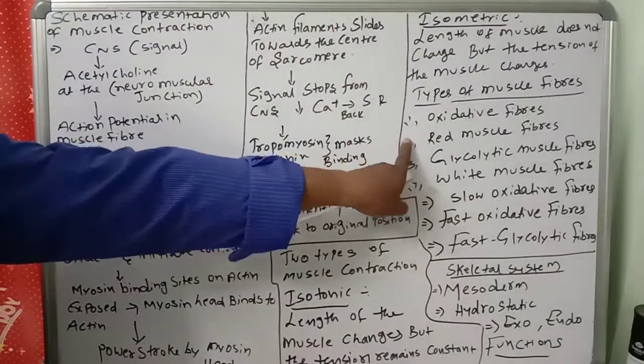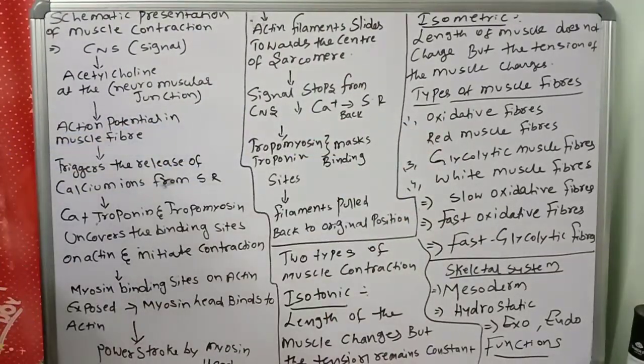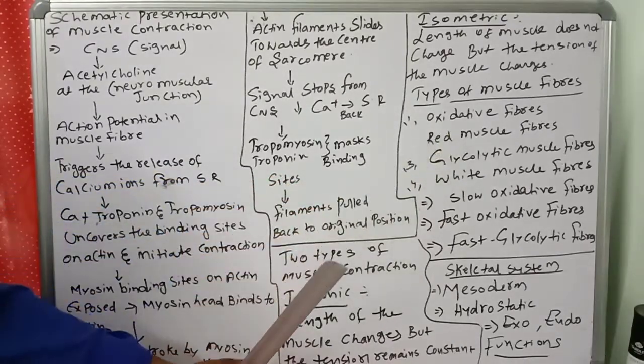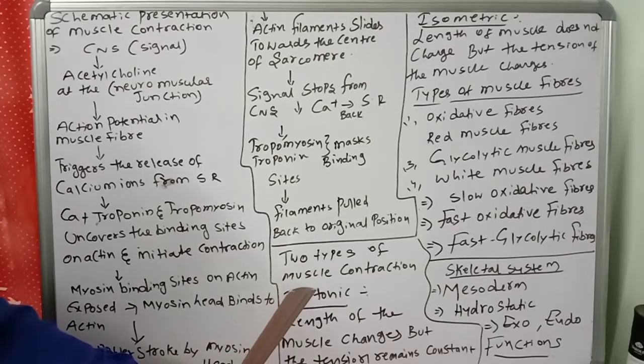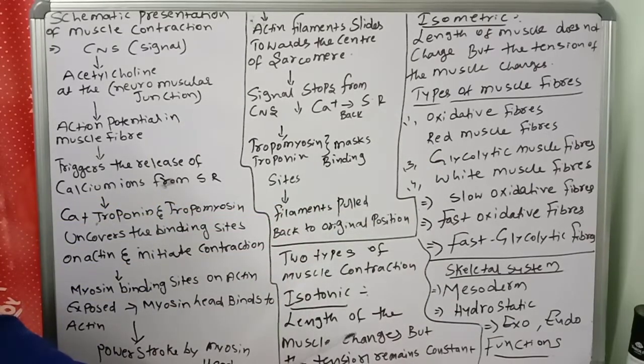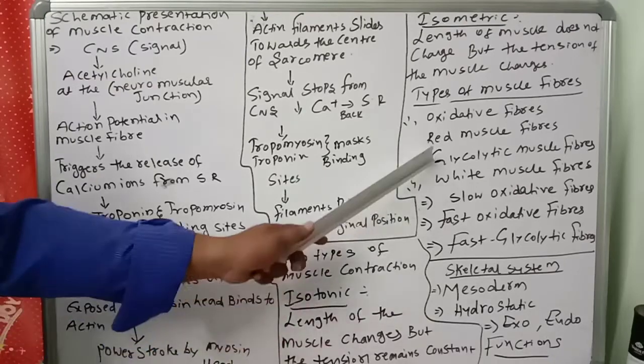Oxidative muscle fibers are also called red muscle fibers. Next, there are fibers that contain few mitochondria but possess a high concentration of glycolytic enzymes. More glycolytic enzymes are there. Few mitochondria and a high concentration of glycolytic enzymes, and large stores of glycogen, are called glycolytic fibers.